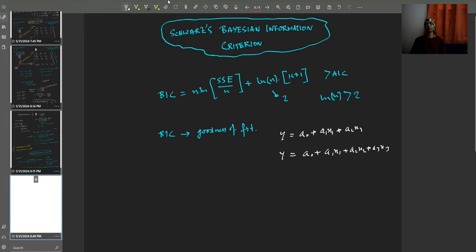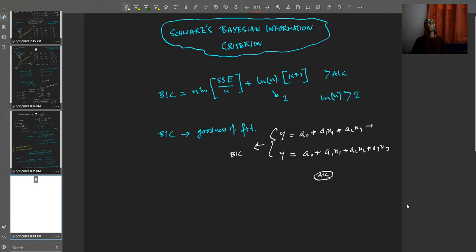Just for example, we are taking these two. Different models are there. So which one is a better fit? If you have to decide, you should look at BIC, the Schwarz-Bayesian information criterion. And which one has more predictive power? If you have to answer that question, you have to look at their AIC. That is how you choose which metric to be minimized.